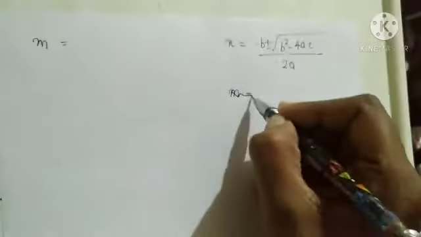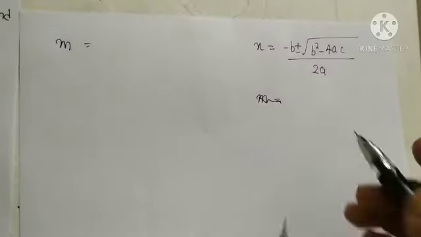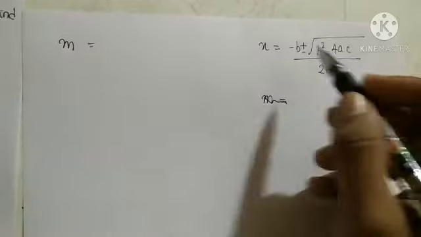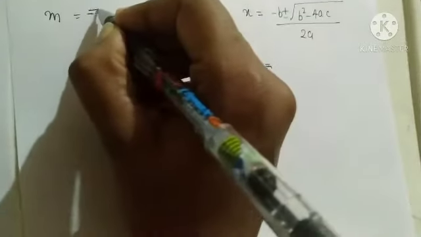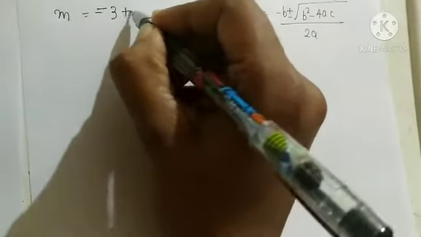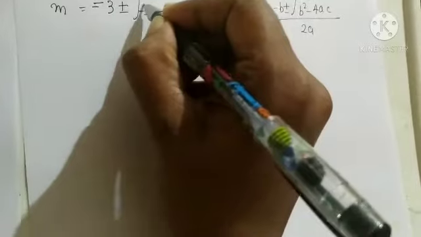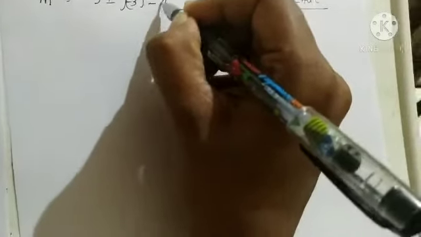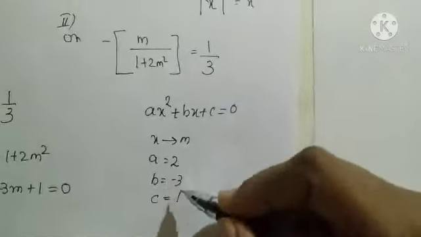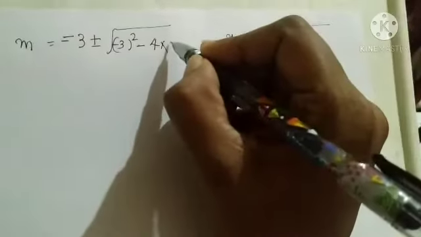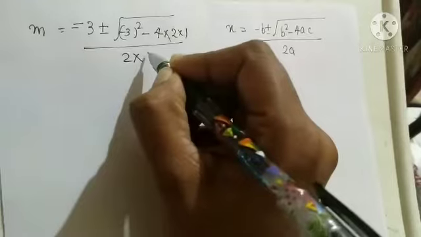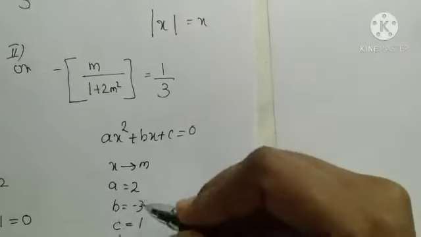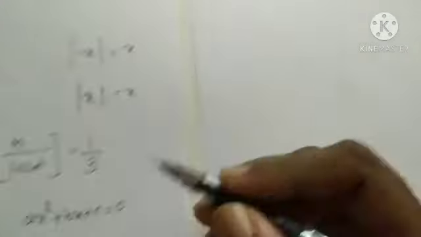m is equal to, I am going to substitute all the values here, and we get m equal to minus b, here b is minus 3, so minus of minus 3 plus or minus root of minus 3 all square minus 4 into, here a is 2 and c is 1, so 2 into 1, divided by 2 into 2, a is 2.